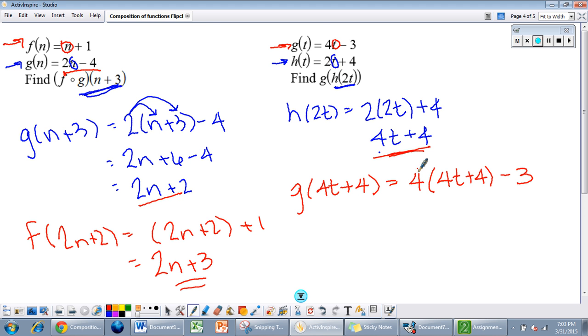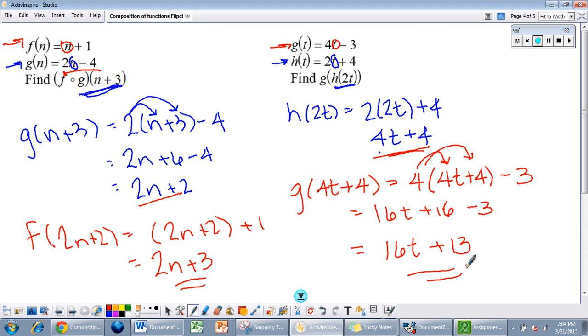Order of operations, do the distributive property, we get 16t plus 16 minus 3. Combine like terms, and we end up with 16t plus 13. How'd you do? That should be your final answer.